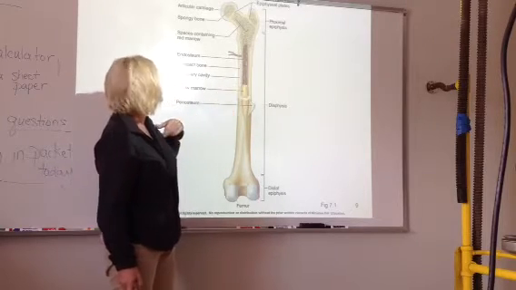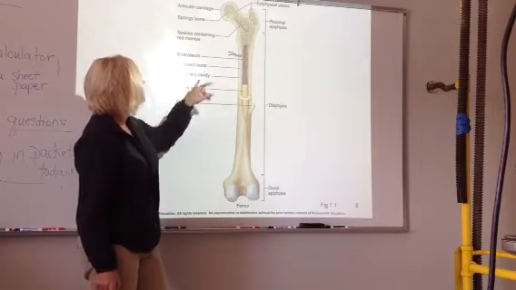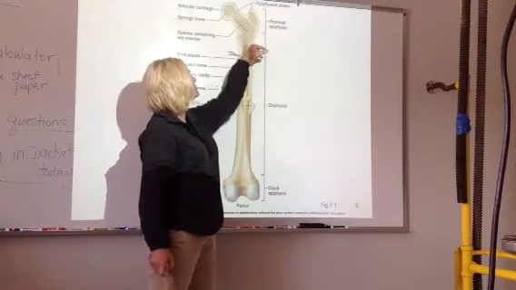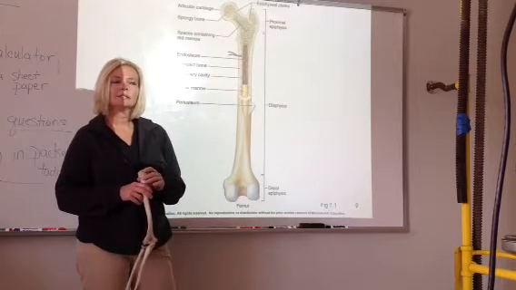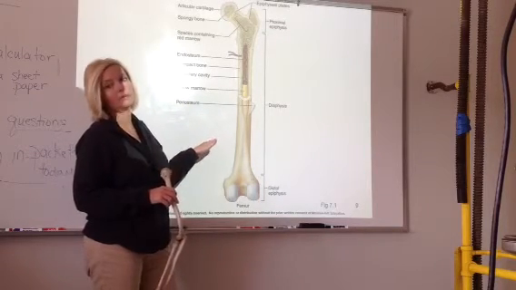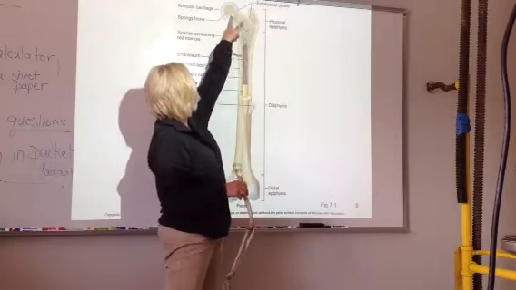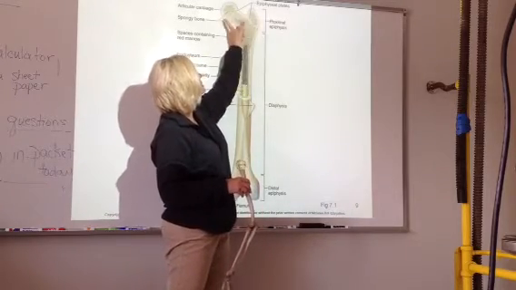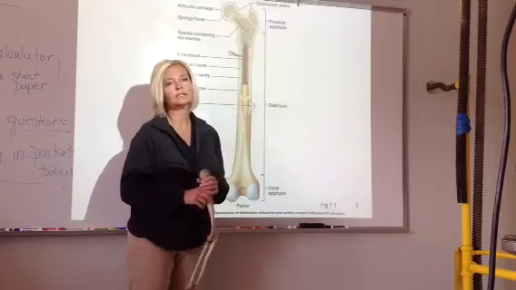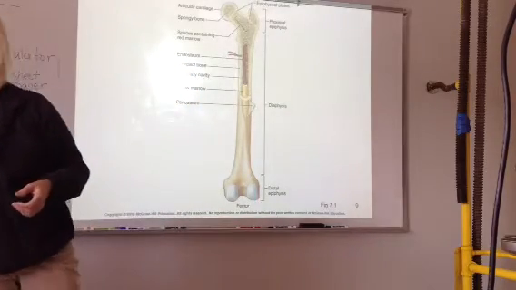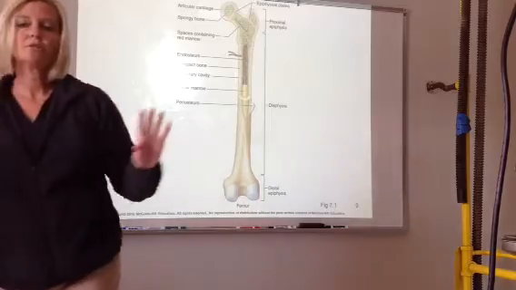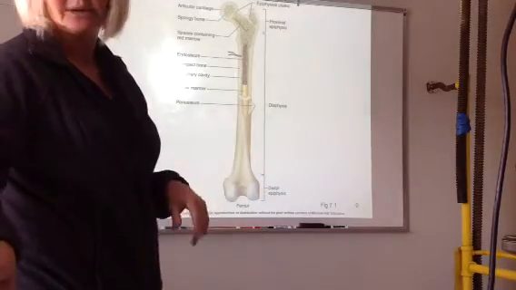Blood vessels are going to be on the inside. Epiphyseal plates we'll talk about quite a bit in the next section, and that is the scientific term for growth plates. So this and this would be a growth plate, which is a much more common term than epiphyseal plate. So make sure that you know this diagram.